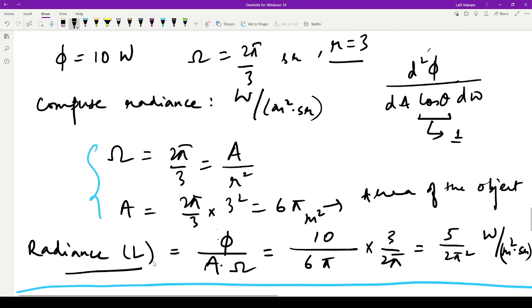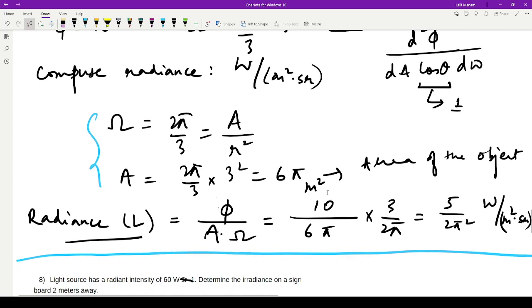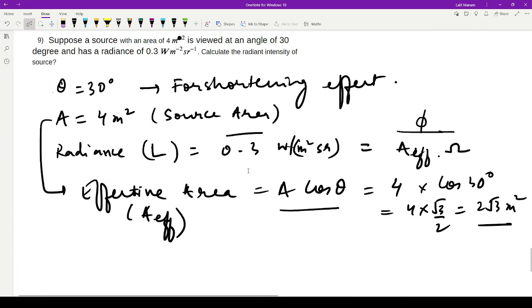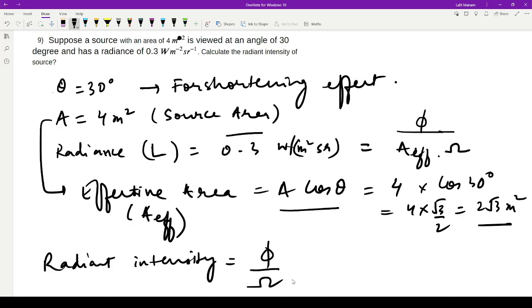See, radiance is flux per unit area and the solid angle. So here we need to use the effective area. And what we need to get is radiant intensity, which by definition is flux per unit steradian, right?